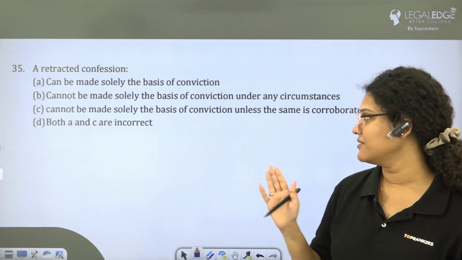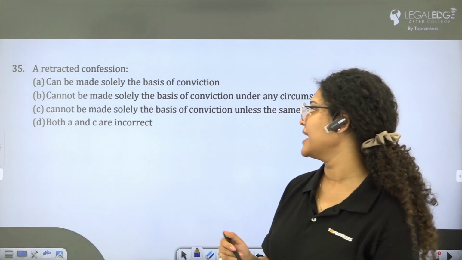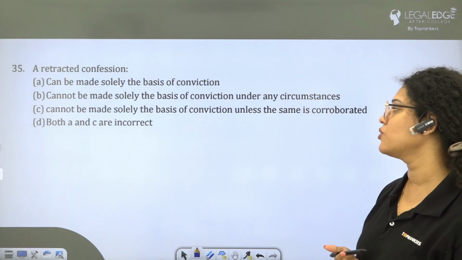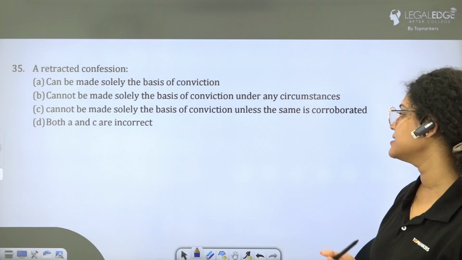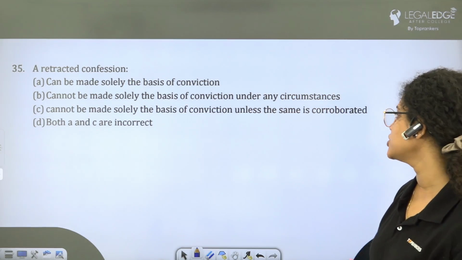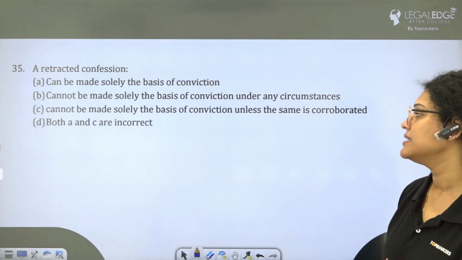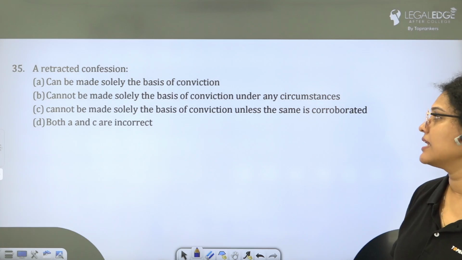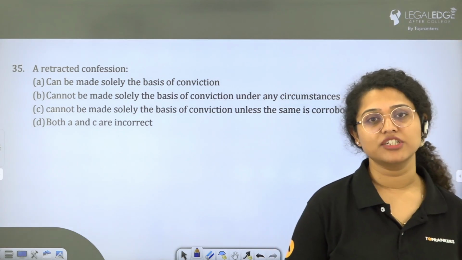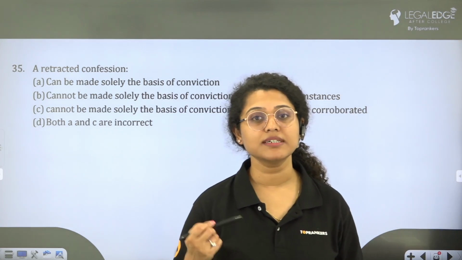Question number 35. A retracted confession A can be made solely the basis of conviction. B cannot be made solely the basis of conviction under any circumstances. C cannot be made solely the basis of conviction unless the same is corroborated. D, both A and C are incorrect. What can happen? What is a retracted confession? First of all, you should know what a retracted confession is.